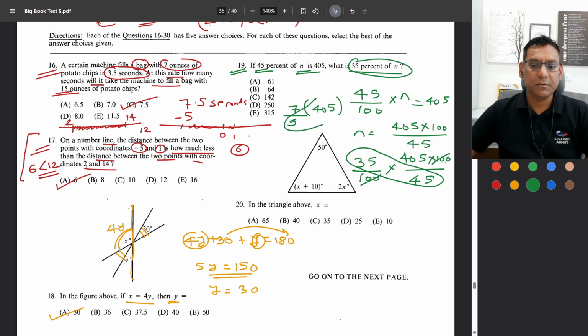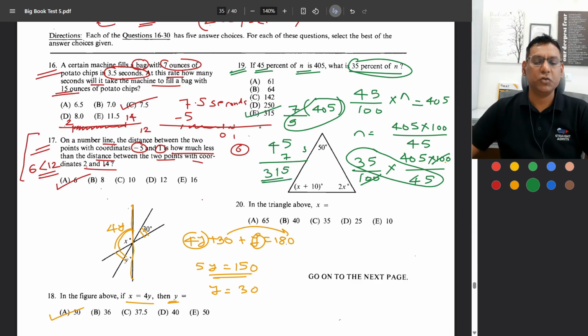Let's do this first: 9 4s are 36, I get 4 5s, I get 5. 45 9s are 405. That's correct. And I have to multiply that by 7 now. That gives 315. Answer choice E.